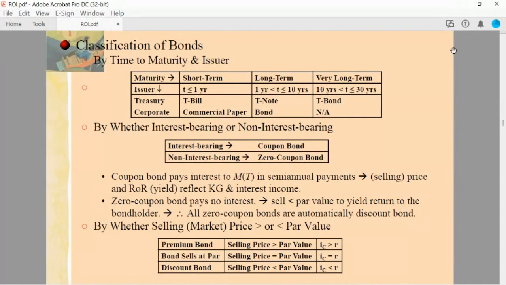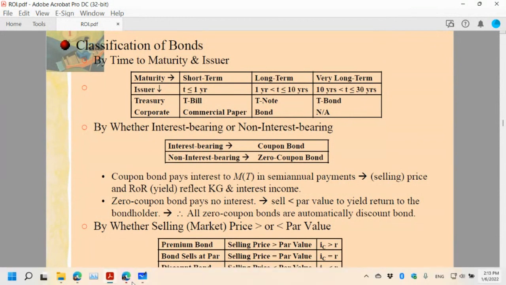Face value is the maturity value, so that's what you get at maturity. Then maturity would be what? There can be a 1-year bond, 5-year bond, 10-year bond, 20-year bond, 30-year bond. Usually the maximum maturity is 30 years.